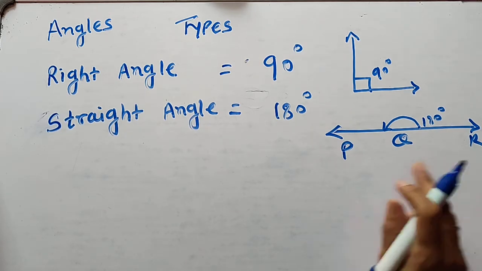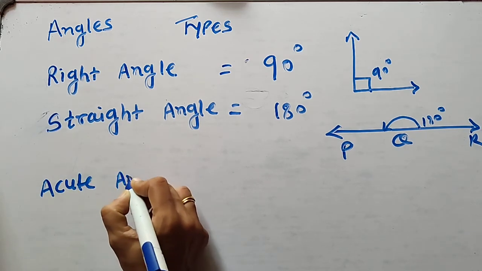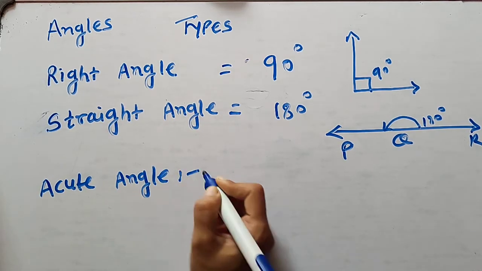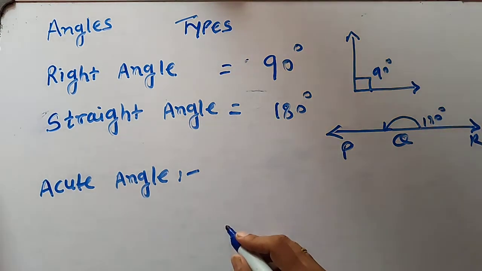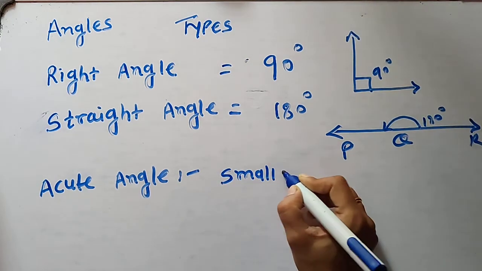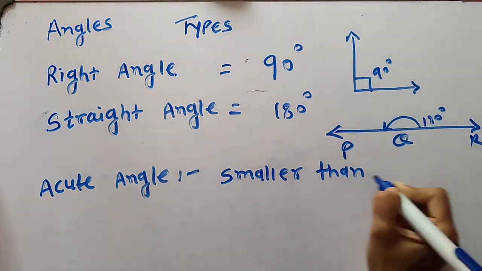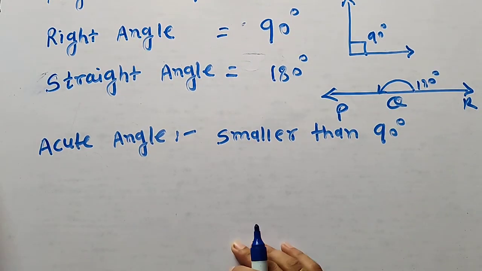Then the acute angle. An acute angle is an angle which is less than a right angle, smaller than 90 degrees.